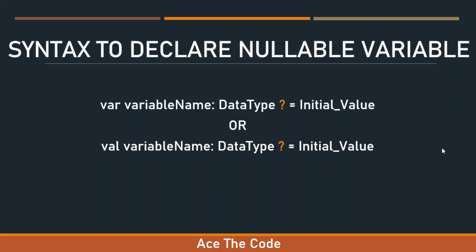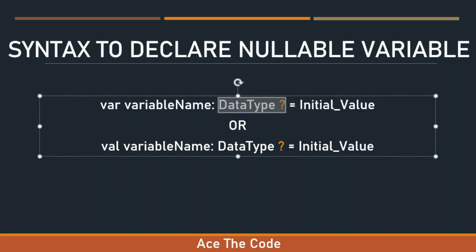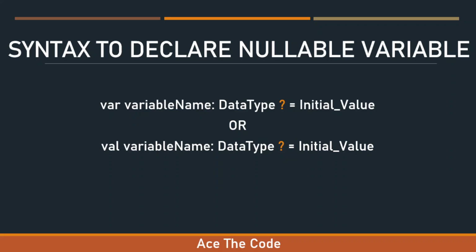Whenever you want to declare a variable of nullable type, you have to specify the data type followed by a question mark. Whenever you specify a data type followed by a question mark, it means that this is a nullable type of variable.